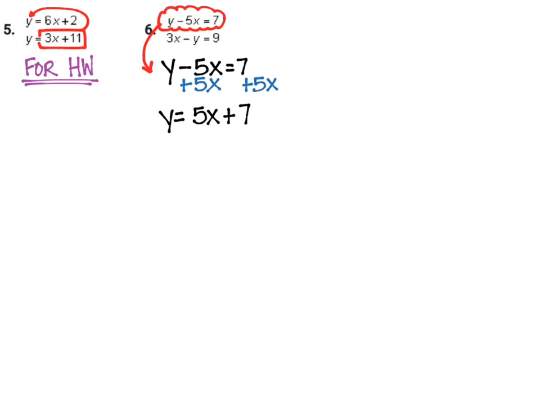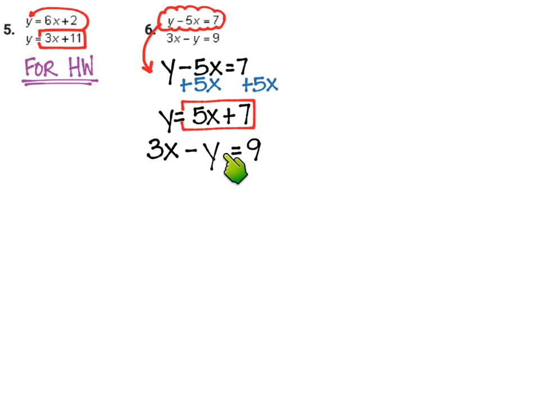Well, that's going to give me y equals 5x plus 7. And this now is a substitution because I have solved for one of the variables. So wherever I see y, I can replace it with 5x plus 7. So I'm going to look at that second equation. 3x, so up here was 3x minus y equals 9.